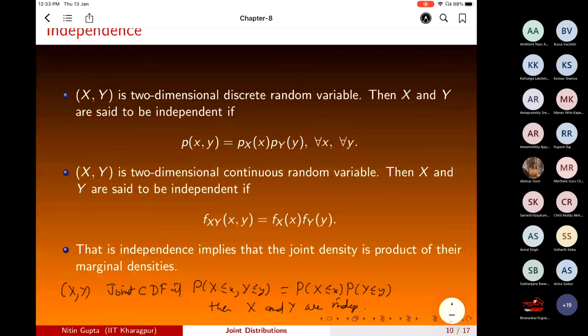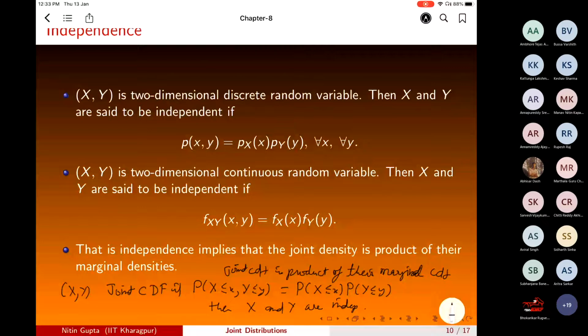That is, if the joint CDF is the product of their marginal CDFs, then x and y are said to be independent.